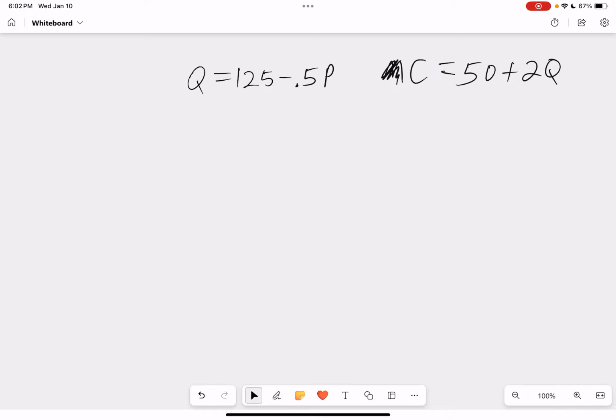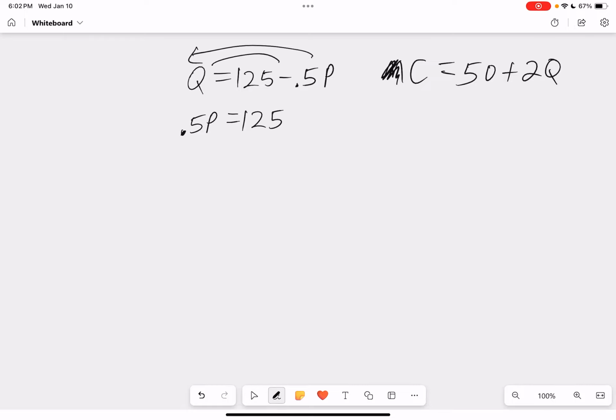And remember, we have to always ask ourselves if demand is inverted. Since this is Q as a function of P, it is not inverted. So to invert it, we must solve this for P. So we're going to move the 0.5 P to one side. The 125 stays.